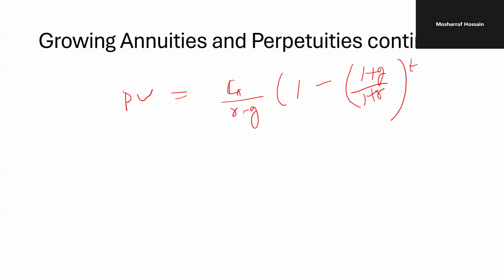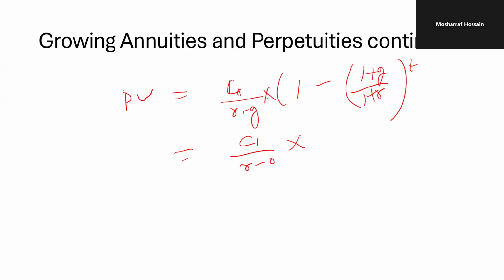If the cash flow is constant, you see that the value of C1 remains the same all the time. So C1, C2, C3, C4, C5 remain the same. In that case, there is no growth, so G is 0.